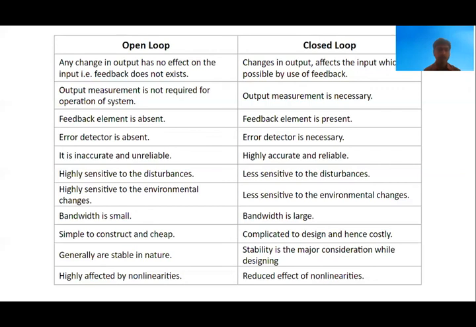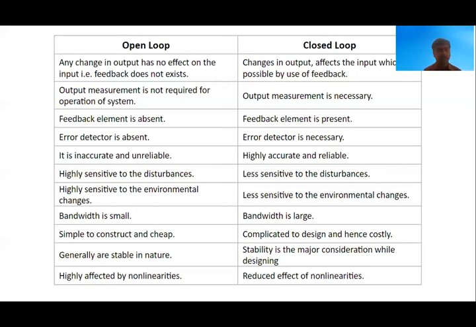In the open loop system, it is highly sensitive to environmental changes. These environmental changes are unavoidable, so it is sensitive and there is no correction in the open loop control system. Whereas in the closed loop control system, due to the feedback, it also corrects the environmental changes by continuously monitoring the output variable.